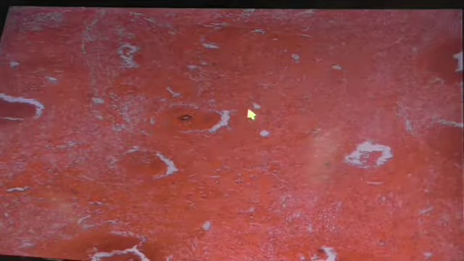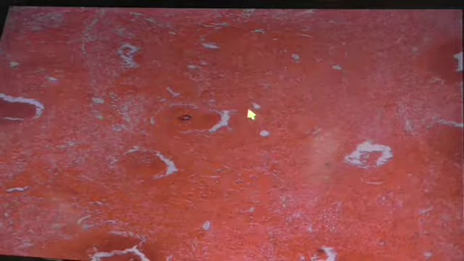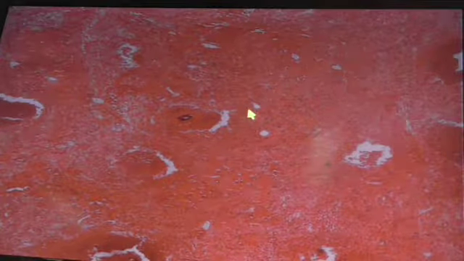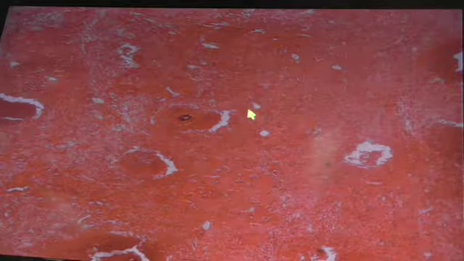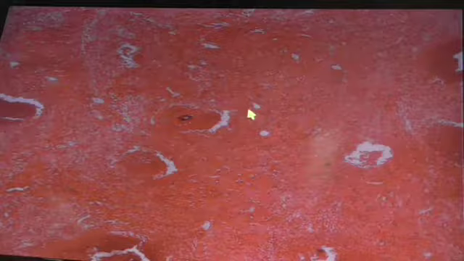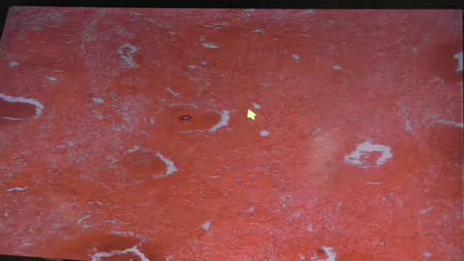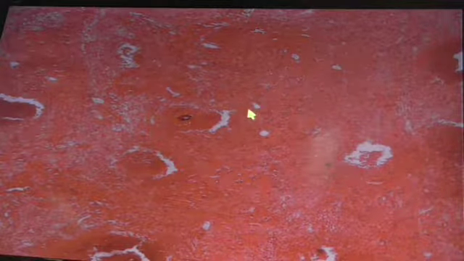So what about the distribution of that though? How was this distributed in the tissue? Diffuse, multifocal, locally extensive, what do you think? Multifocal. And so the predominant exudate, it's a combination.